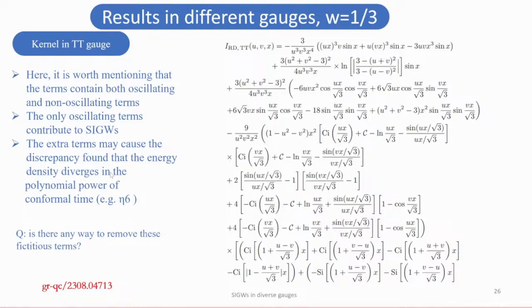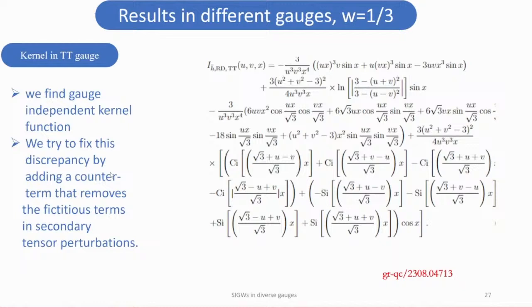So here the question arises: is there any way to find these fictitious terms? These are basically called the fictitious terms that cause divergence or gauge dependence. So here in this kernel function, we found this result in the TT gauge.